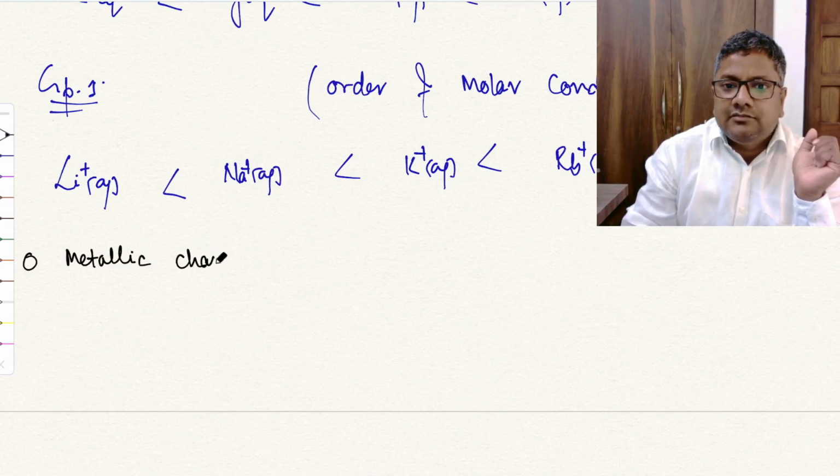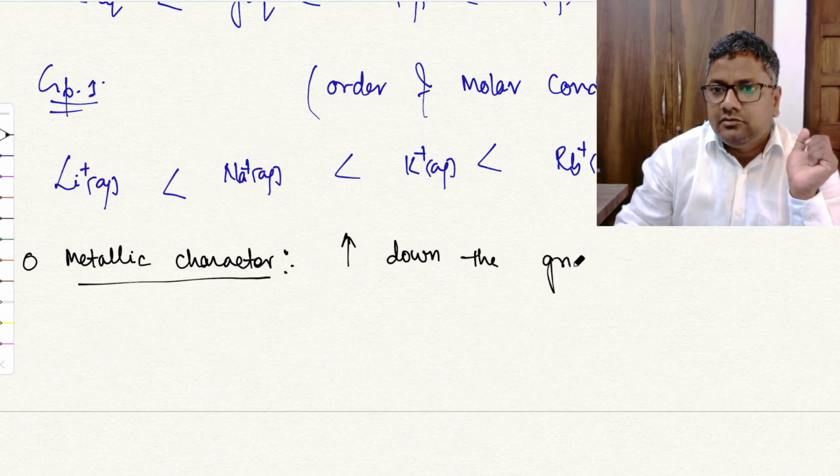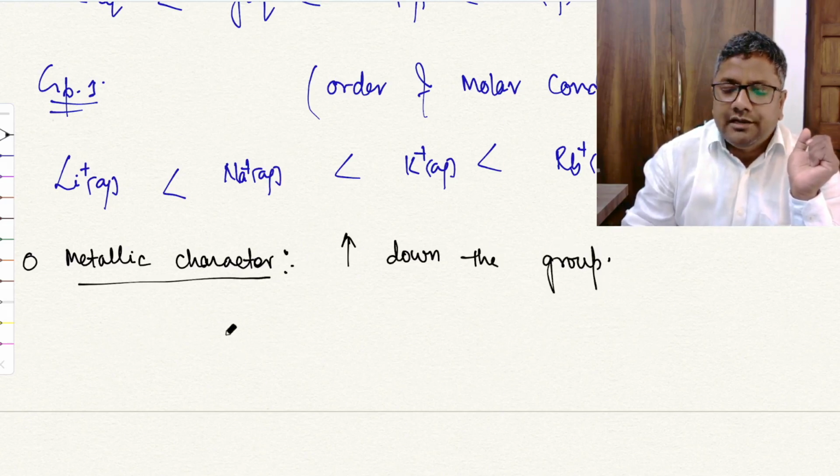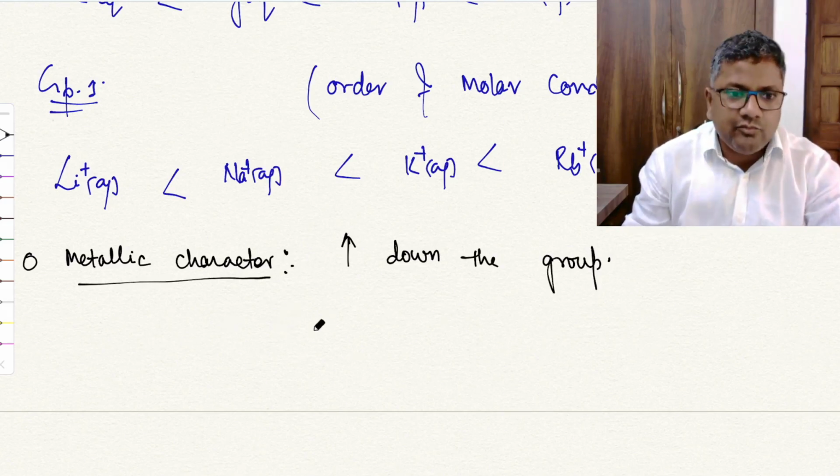Metallic character increases down the group, and they are less metallic than group 1.